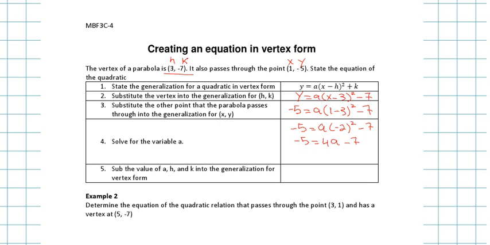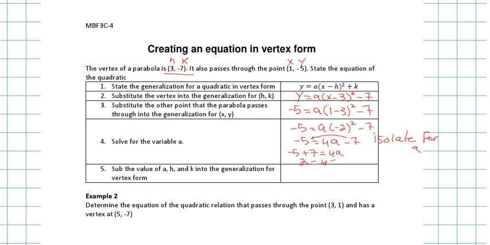Next. Collect the subtracting. So what do I have to do? I have to bring the -7 to the other side because I want to isolate for a, right? So if I bring the -7 over, it becomes +7. Okay? -5 plus 7 is 2.